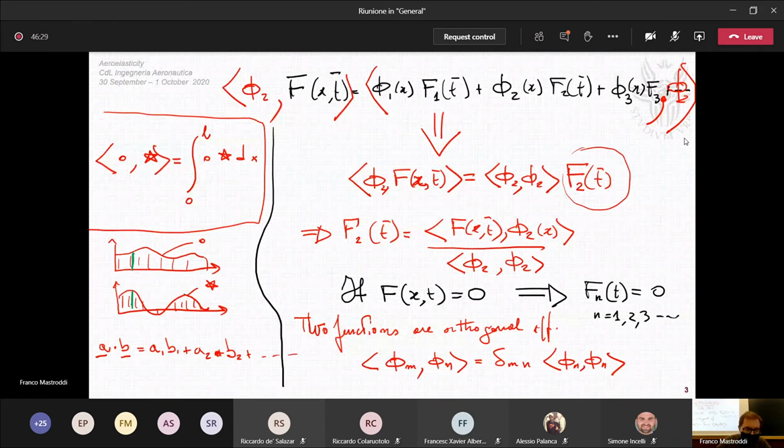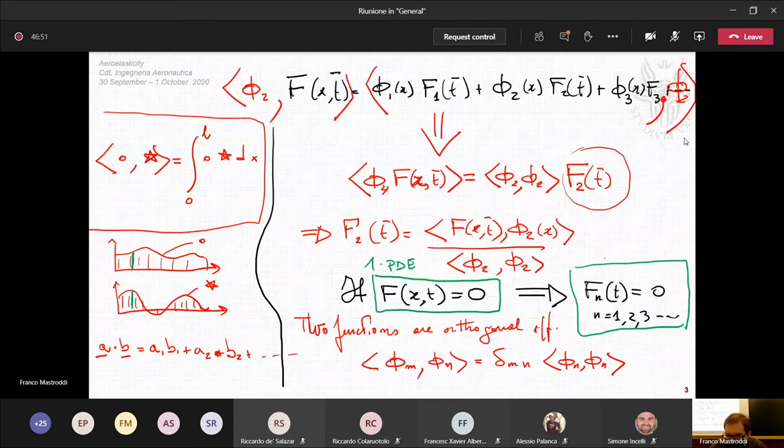As a mathematician, I have finished my job because I have transformed this initial partial differential equation into this set. I have one partial differential equation which is transformed into a set of infinite ordinary differential equations like this. And I think that this lesson is one of the most important lessons for mechanical engineering, for structural engineering. Note that at the basis of this, you need to have a set of orthogonal functions. And you have to introduce the orthogonal functions. And this is the point.